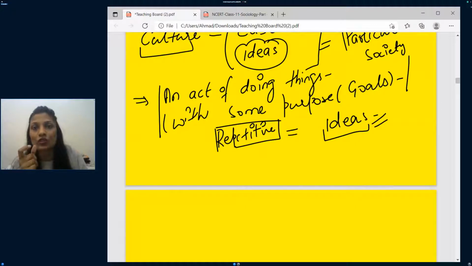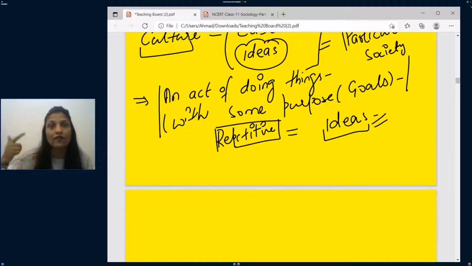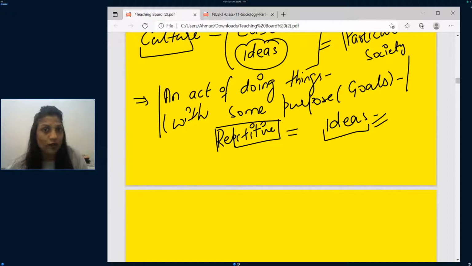So this is socialization, where we are learning about our social world through different agents. The first agent in socialization is your mother. It is said by different wise men that if you really want to choose your partner for marriage, see that person's mother.